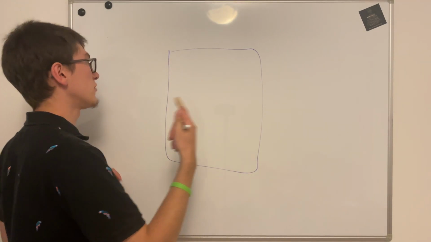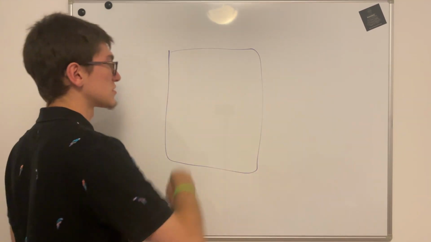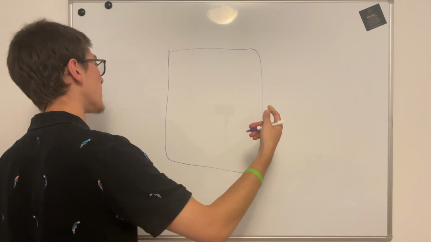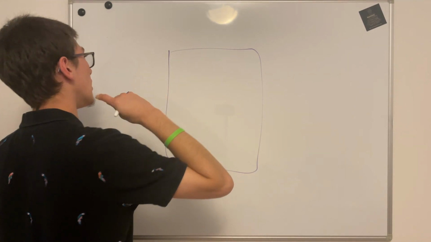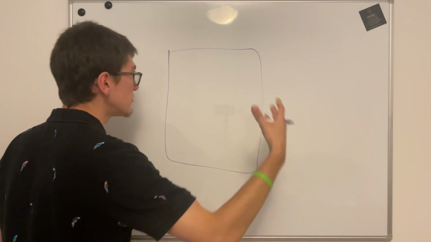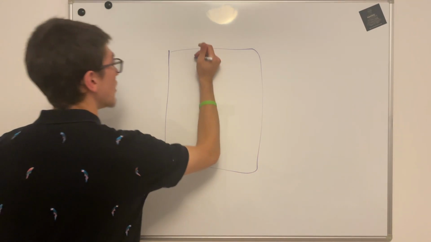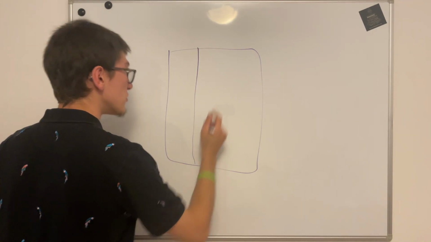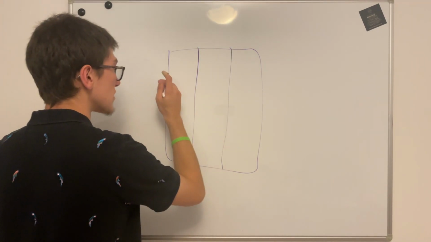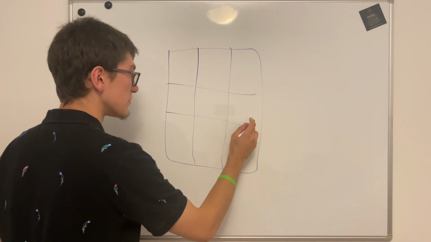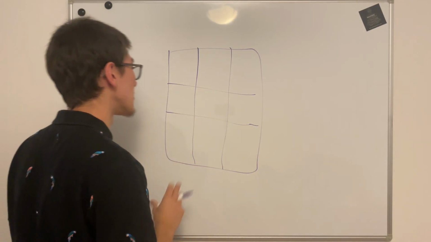So the first thing we'll need to do is divide this canvas, which is some amount of pixels by some amount of pixels, into 3 by 3 rows and columns. So we'll firstly need to do this, like this. I know mine right now is not square, but it doesn't matter. Let's think of it as a square.